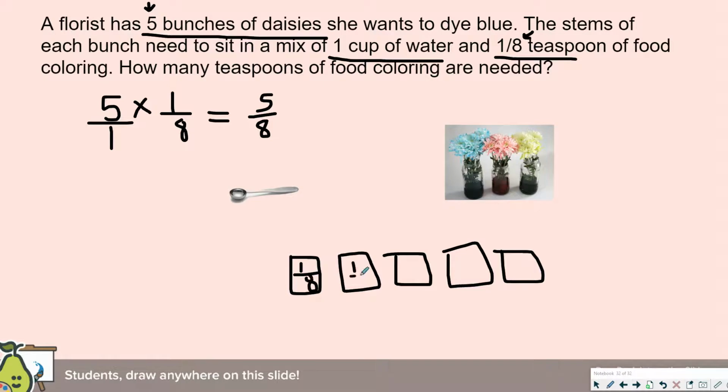And this is going to have 1/8. And so will this one. And this one, and this one. And I could add those up. 1/8, 2/8, 3/8, 4/8, 5/8. Because we know that multiplication is repeated addition. So what this is saying is I'm going to take this 1/8 5 times. Here are my 5 times to get 5/8.